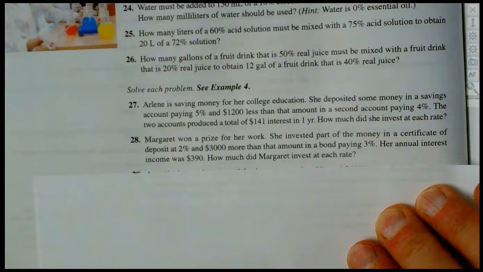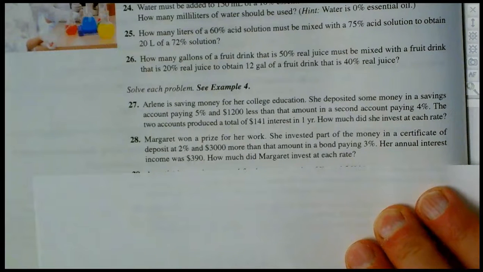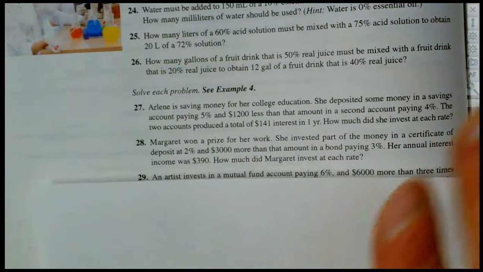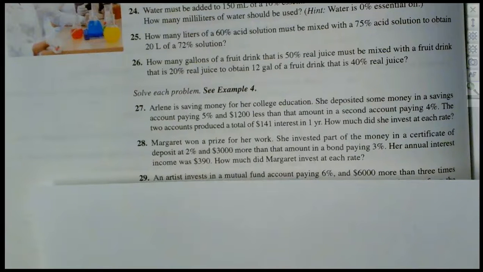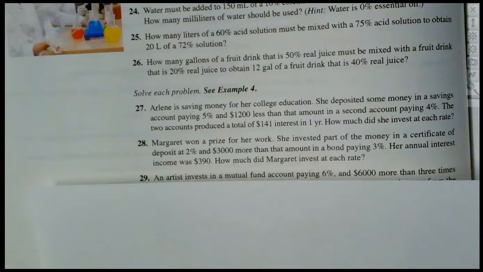So what we're going to be looking at is investments. Now, if I invest money or have money in a savings account, at the end of the year, what happens? At the end of the year, I get a statement from the bank. And what's on that statement? How much money's in that account, the percentage of interest that it pays out, 2% or 3%, whatever it might be, and then how much it made in interest.